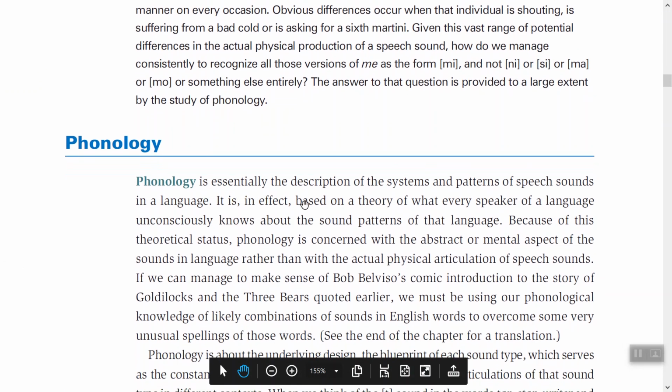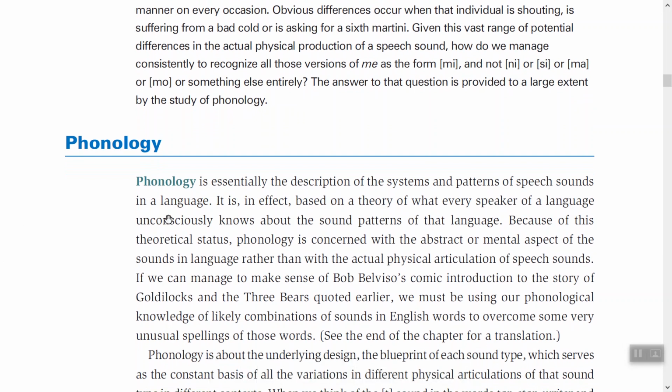Phonology is essentially the description of the systems and patterns of speech sounds in a language, right? It is in effect based on a theory of what every speaker of language unconsciously knows about the sound patterns of that language. So it is something unconscious. Because of this theoretical status, phonology is concerned with the abstract or mental aspect of the sounds in language.